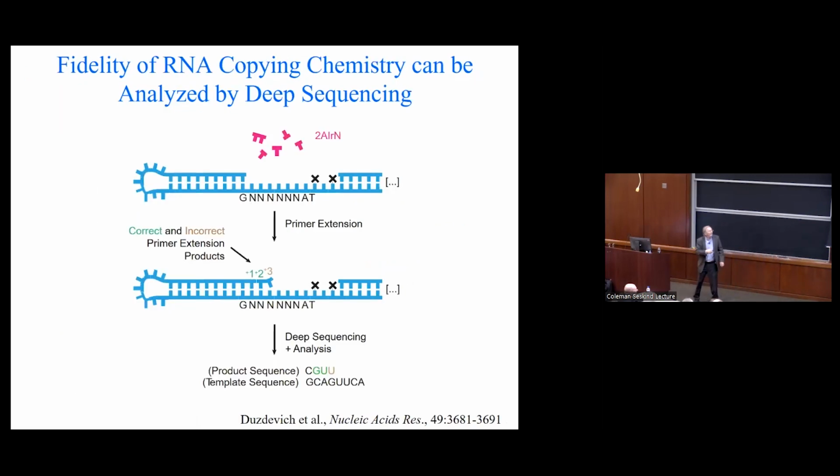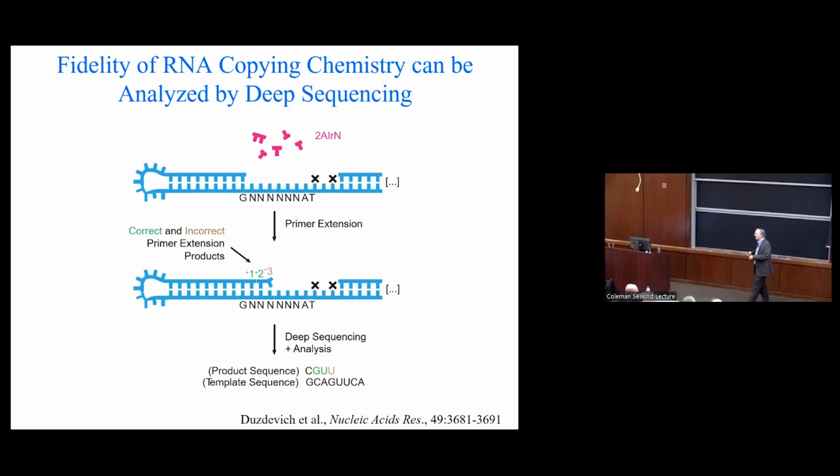Okay. All right. One final thing is we're not entirely in the dark ages of running gels and stuff like that. Daniel Dostovich in the lab has worked out a way to use next generation Illumina sequencing so that we can have a random template region, come in with activated monomers or bridge species, do some copying, and then sequence everything.